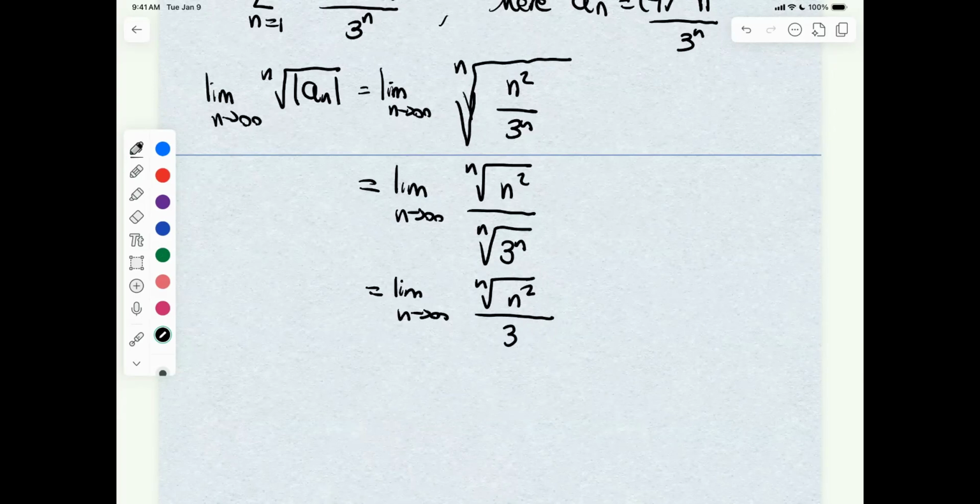Is that okay? Is that making sense so far? So here, if you want to find this limit, one way to write it, which is a little bit more convenient, is to take the square out.